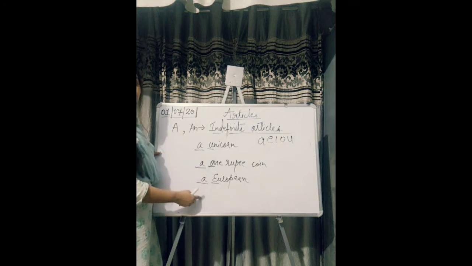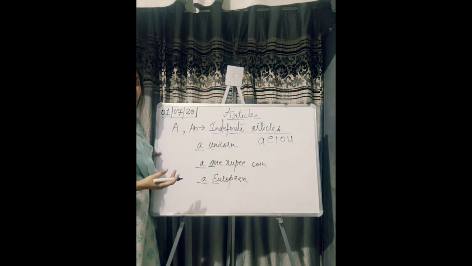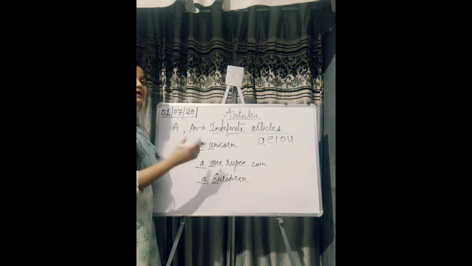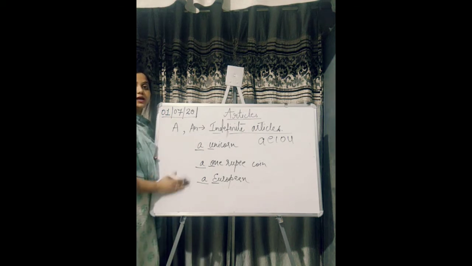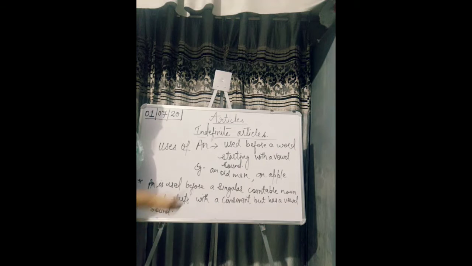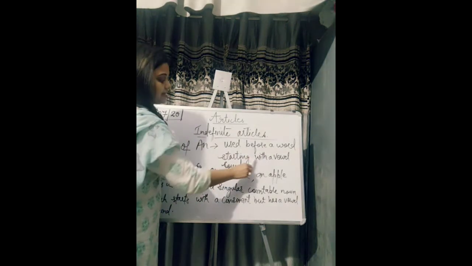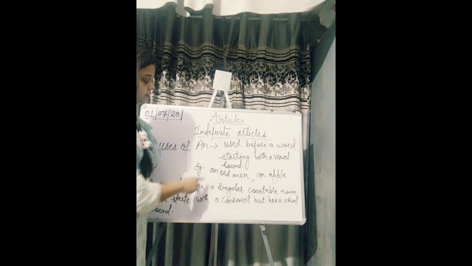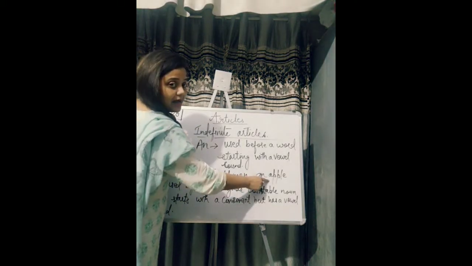So don't forget this. This is very important. Nouns which start with a vowel but have a consonant sound, before those also we put a. Don't forget this. Now an. As you all know, we use an before a word starting with a vowel sound. For example, an old man, an apple.